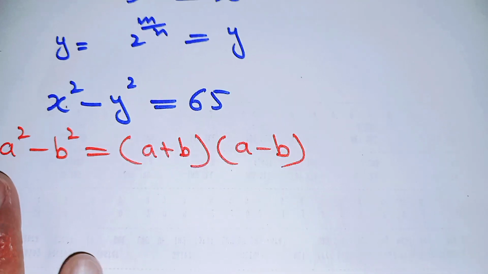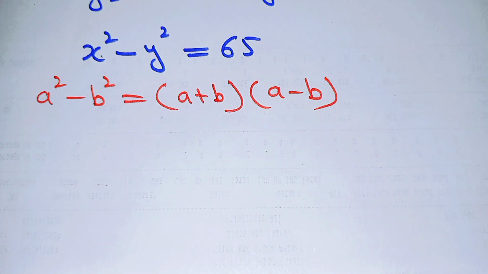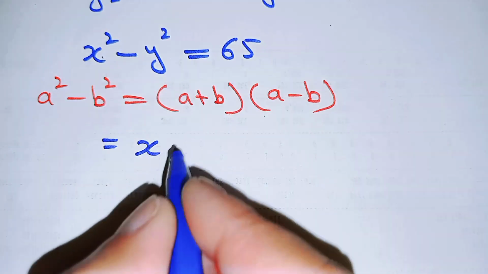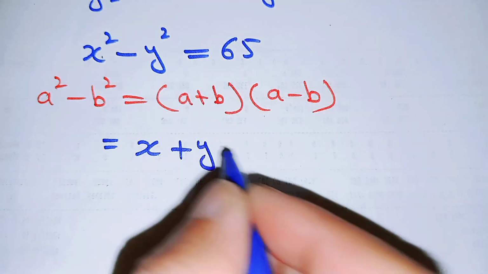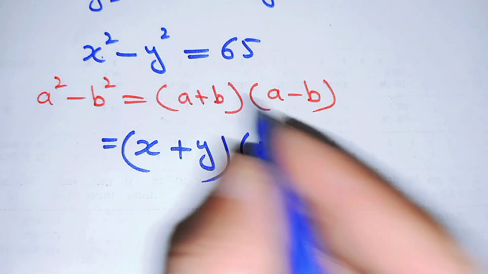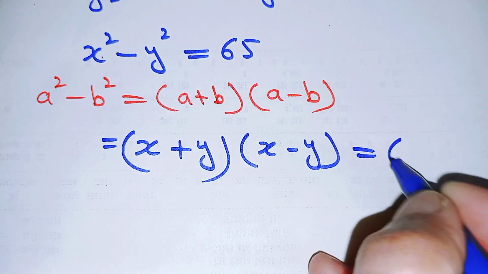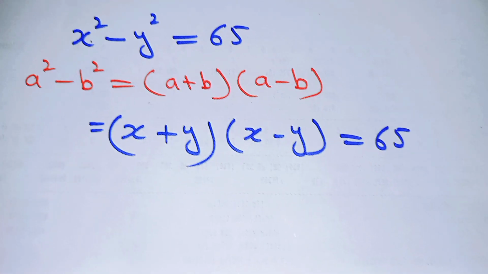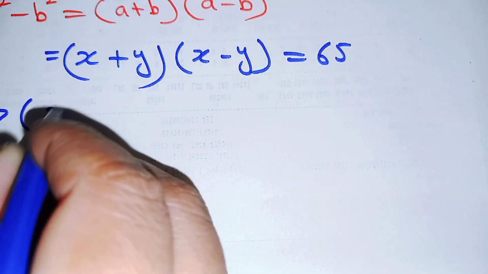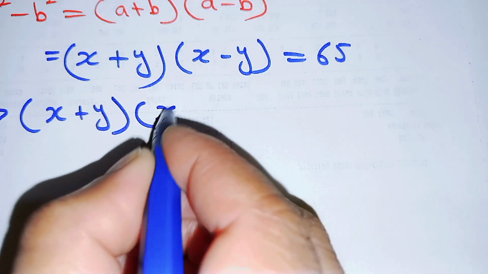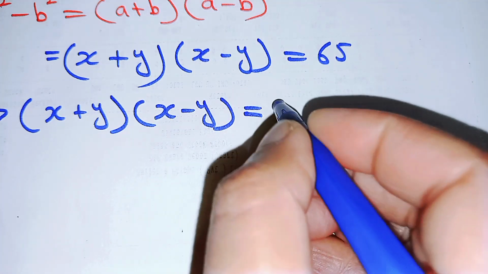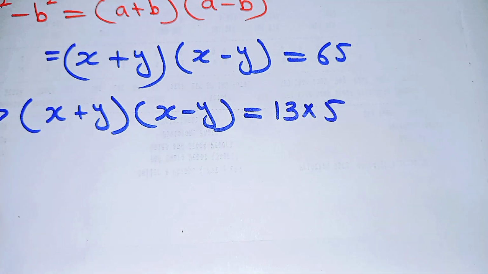So it can be written with a as x and b as y: x plus y and then x minus y is equal to 65. And 65 can be written as 13 multiplied by 5.